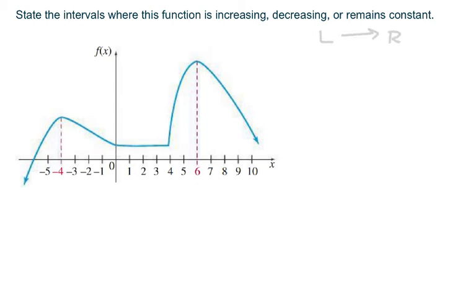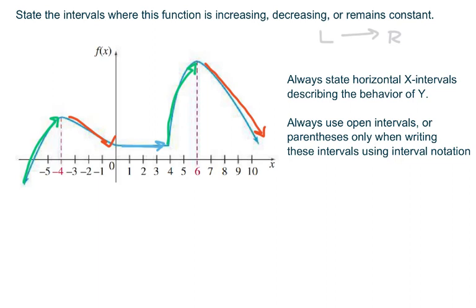If I was reading this from left to right, I would say, well, we're going up, and then we're going down, and then we remain horizontally constant. We are increasing again till we get to that max, and then we become decreasing. So what we want to remember when we state these intervals is that we're always going to be stating some horizontal x interval which describes the behavior of my y. My y's are rising, they are falling, remaining constant, rising again, and then falling once more.